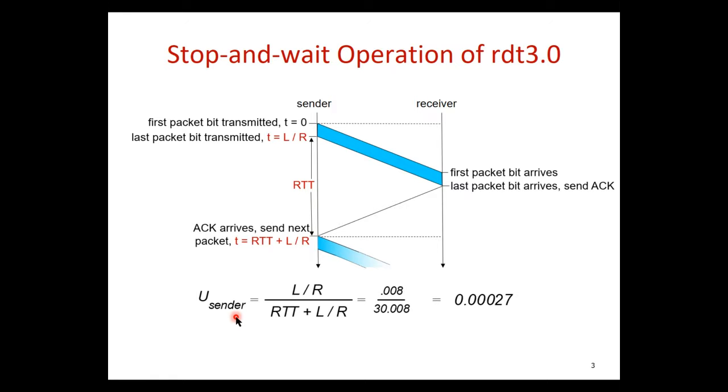And ideally, to have maximum efficiency, we want this utilization rate to be equal to 1, essentially 100%. We want to utilize the channel 100% of the time. So this is a measure we're going to use to measure the efficiency of the protocol. What is the percentage of time during which the channel is actually utilized? So let's keep this formula in mind, and now let's go back to the previous slide.